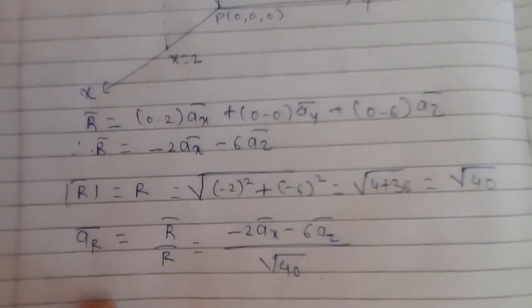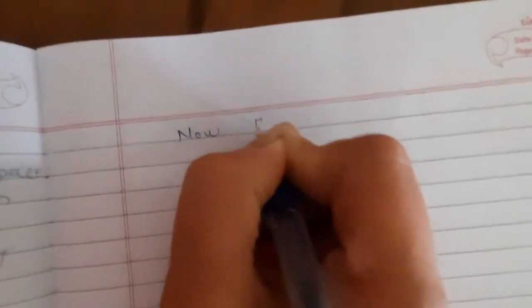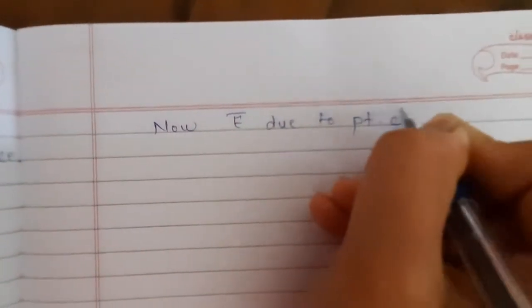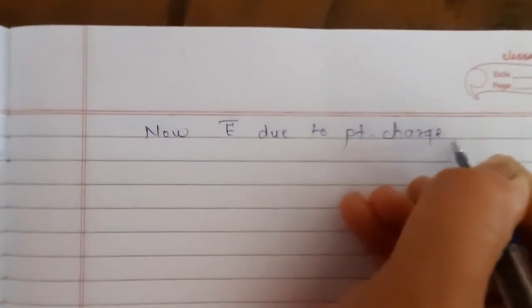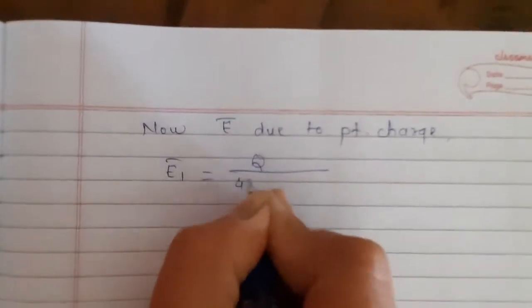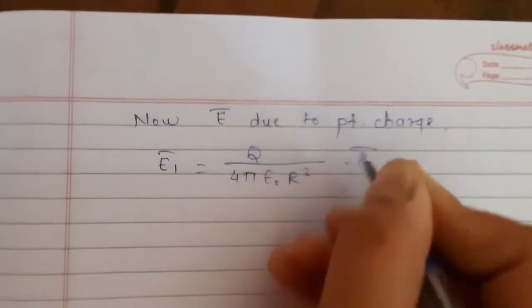Now we have the value of this vector ar bar. Now we can calculate E bar due to the point charge. So E1 bar is equal to Q divided by 4 pi epsilon 0 r square into ar bar.